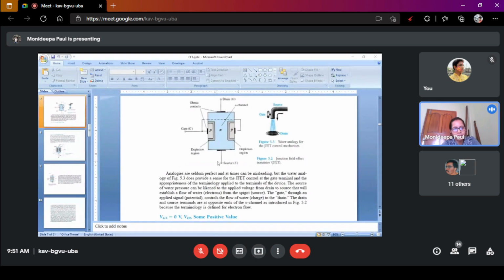So if VGS is 0 and we apply the voltage across the source and drain, the maximum amount of current is flowing through the channel. This is known as the saturation current. This maximum amount of current is determined by the applied voltage VDS when VGS is equal to 0. Okay?